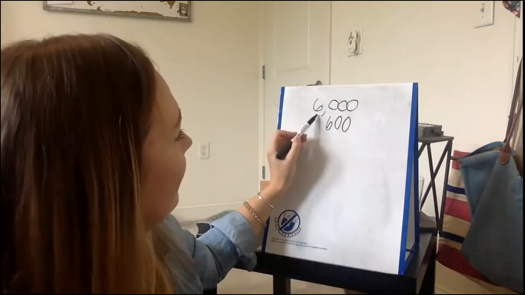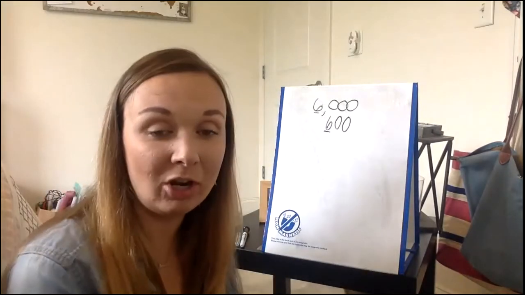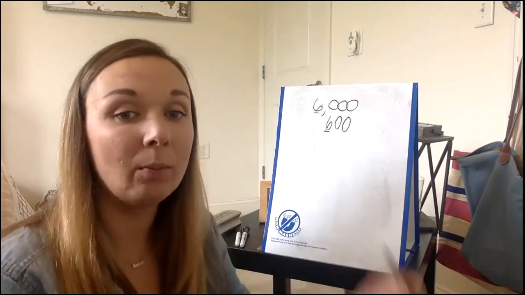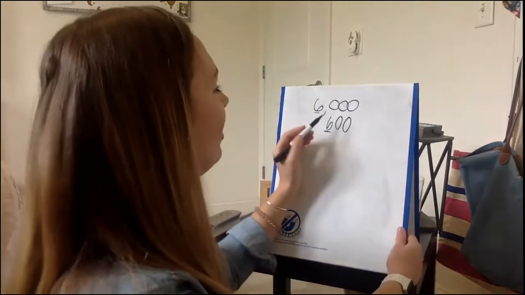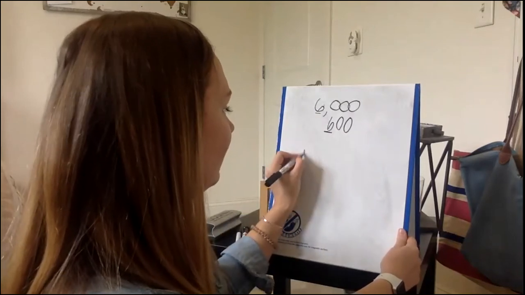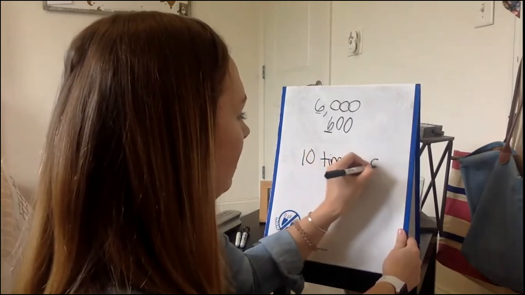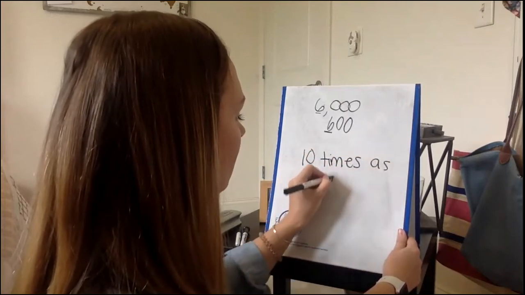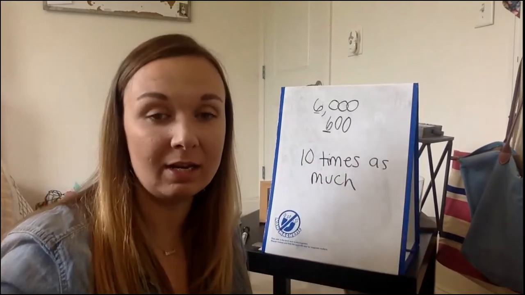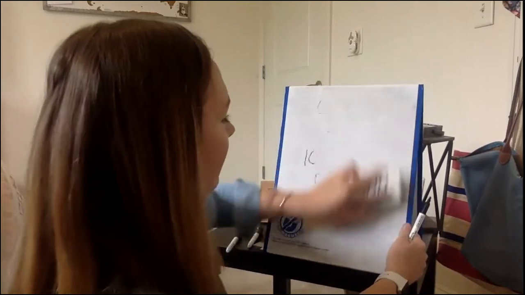This 6 is one place bigger than that 6, and we know that the place value chart works by tens. So as we move one place over, we're multiplying by 10. I also know that 600 times 10 is 6,000, so we would say it is 10 times as much. Give yourself a check if you had that.